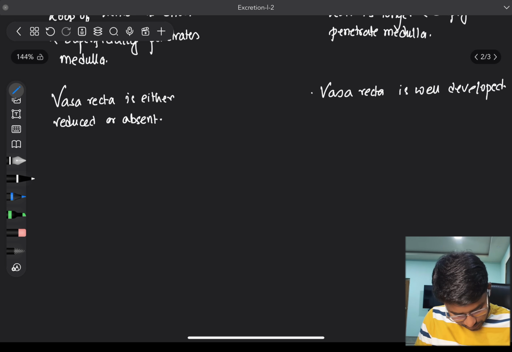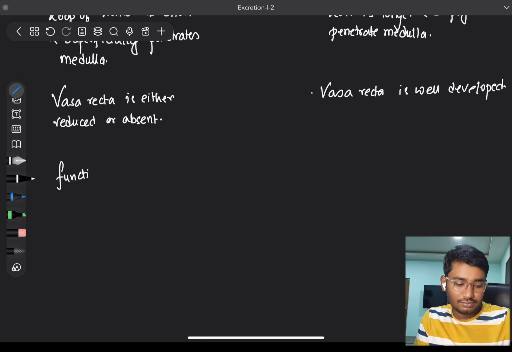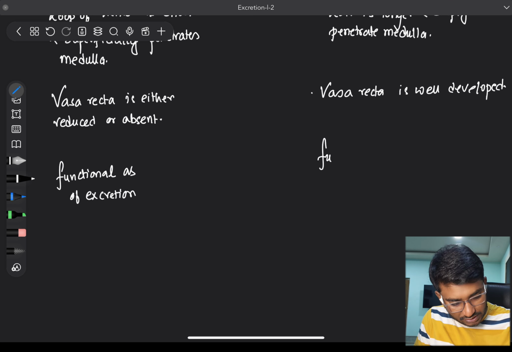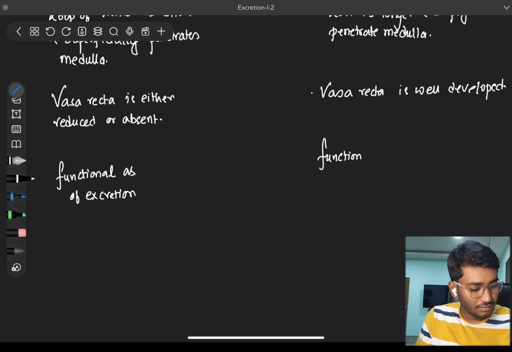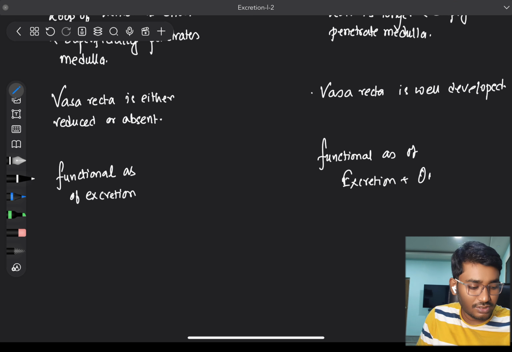Okay, now it functions as excretion, and these functional plus functional as excretion as well as osmoregulation.